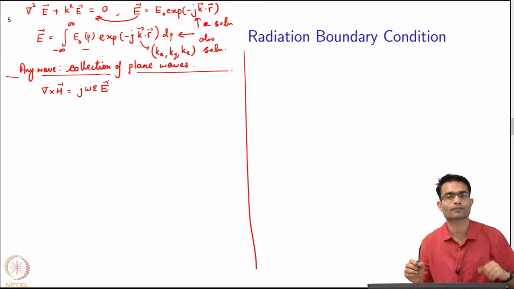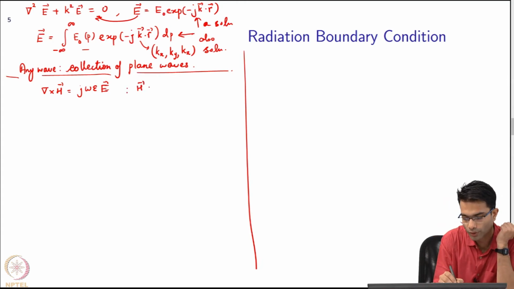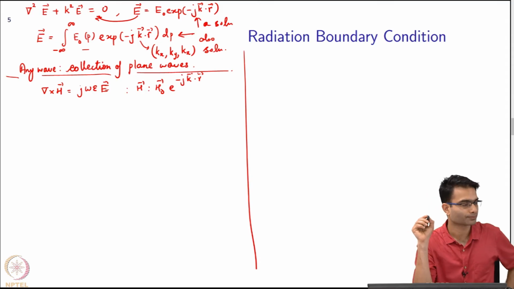This is what I have. Now H, you know, is of what form? H naught e to the minus j k dot r. We know this. What kind of terms does curl of H have?